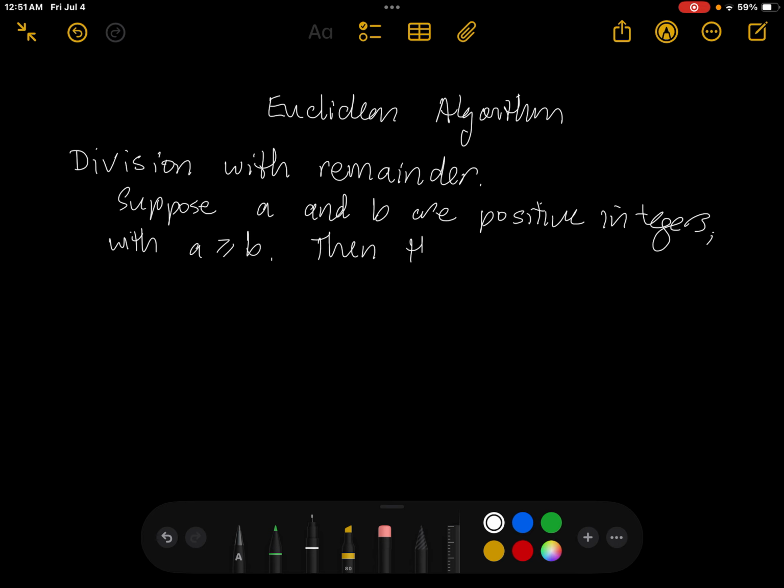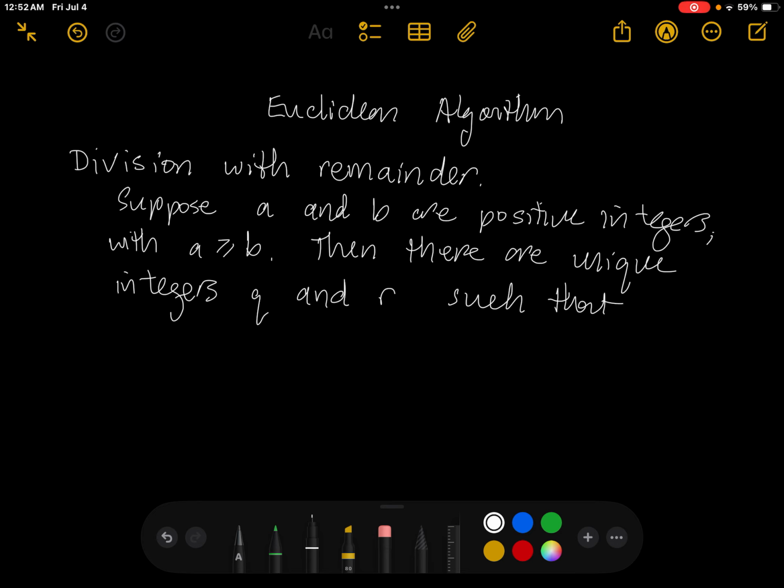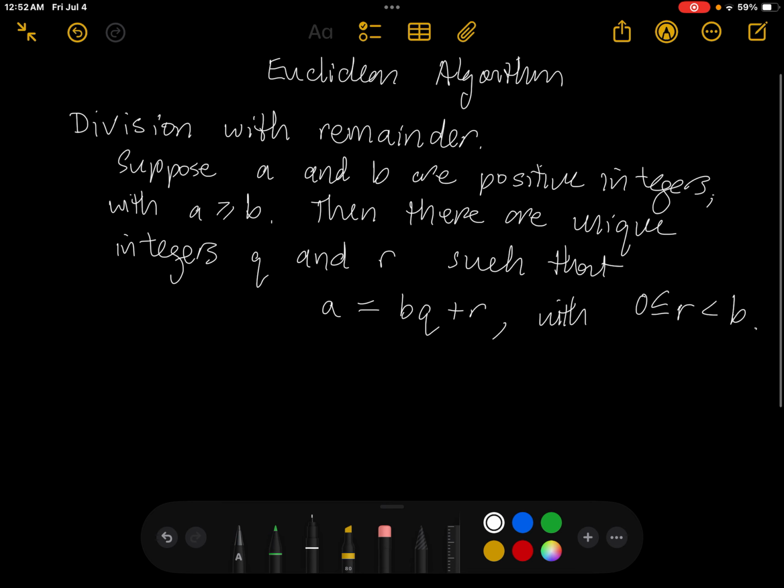Then there are unique integers q and r such that a is equal to b times q plus r, with r between 0 and b. And r is strictly less than b. So this is a strict inequality.